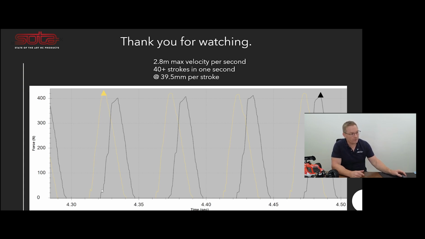But this is just the one compression stroke maximum velocity, and in this particular case, the 8 by 1.2 piston had a maximum force of 41.4 kilograms. That's packing. Now, the 5 by 1.5 piston, 42.2.